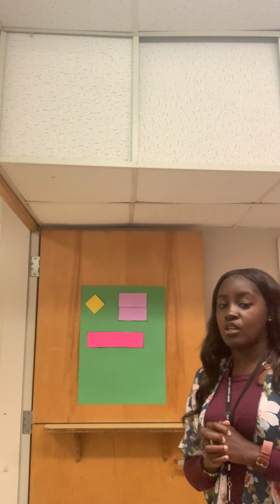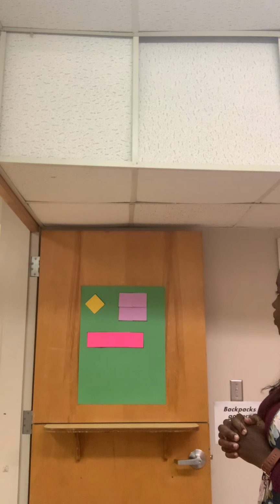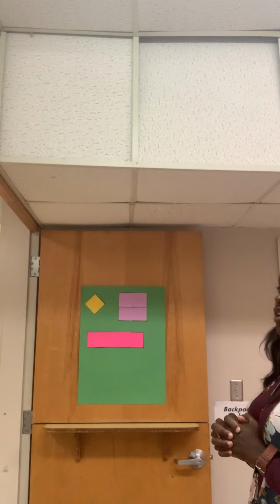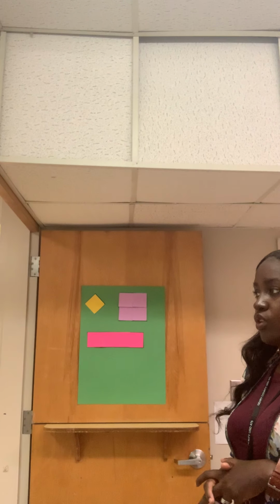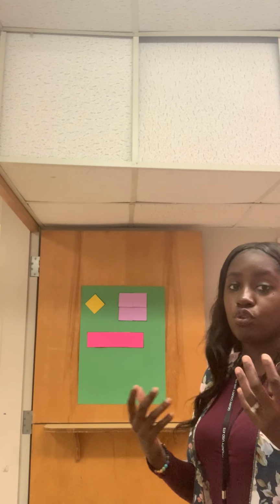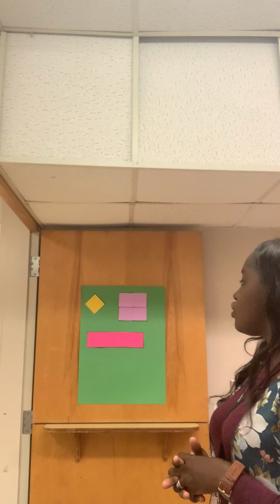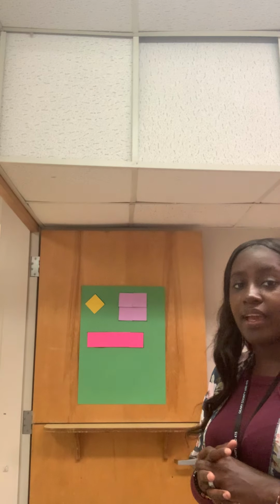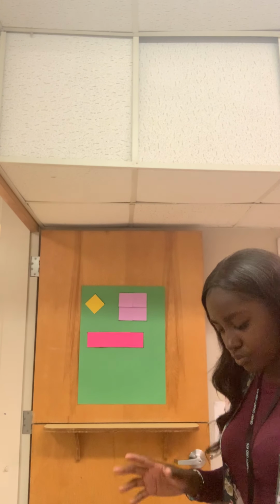It took 4 to make up that rectangle. So as we can see, the square could have been bigger. We could have used more Post-its, but as you can see, we use squares to make bigger squares.